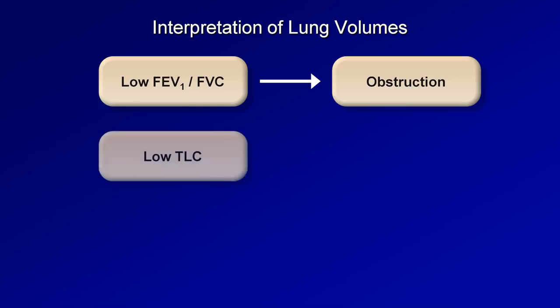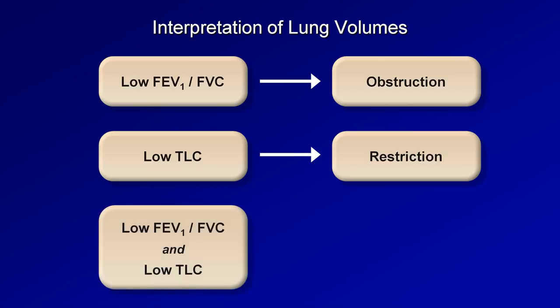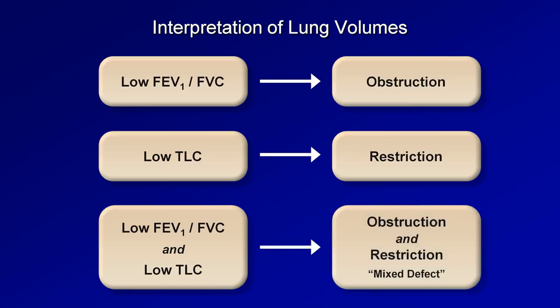A patient with low total lung capacity, or TLC, has a restrictive lung disease. And a patient unfortunate enough to have both a low FEV1 to FVC ratio and a low TLC has both obstructive and restrictive lung disease, often referred to as a mixed defect.